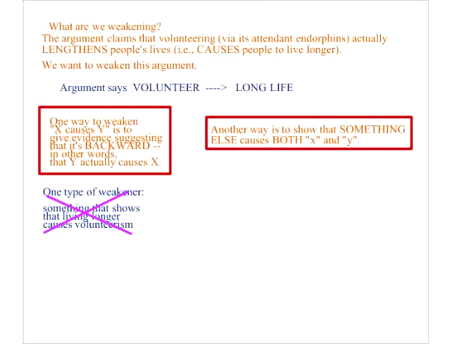But if you can say that some quality is present in both, or some quality contributes to both volunteerism and long life, then the argument is weakened.